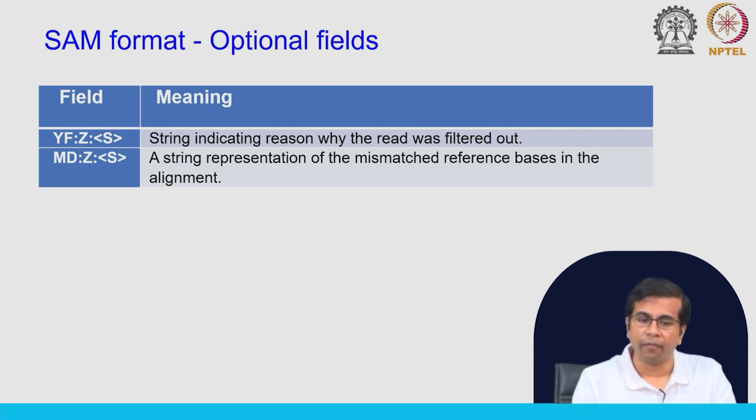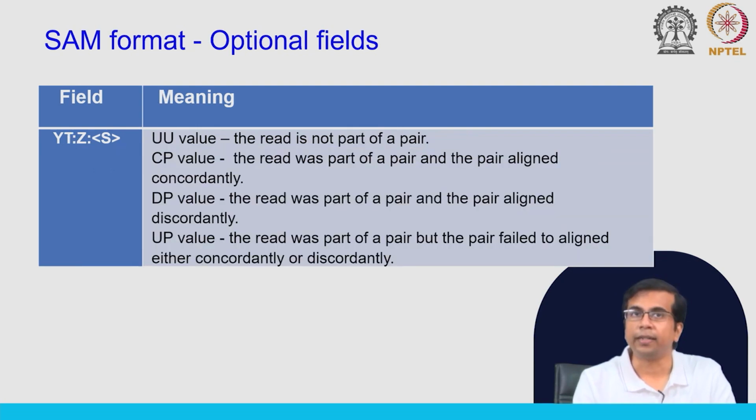Finally, you have something called the YT:Z value. Again this is a string, and you will see only one of these options. You can have UU, which means this read is not part of a pair, as happens if you are dealing with single-end data. If you have CP, the read was part of a pair and they aligned concordantly. We described what concordant mapping is, and most reads will show concordant mapping.